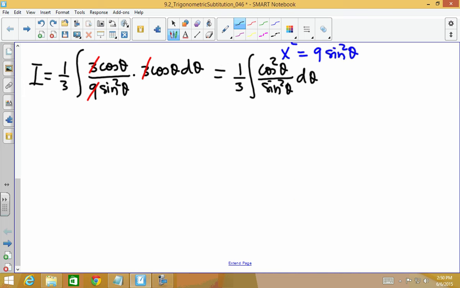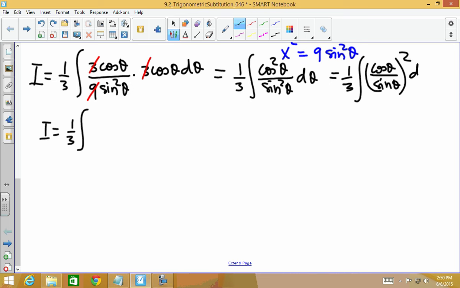Now it turns out that we are integrating 1 over 3 integral of cosine theta divided by sine theta, all that squared, d theta, because cosine squared over sine squared means cosine over sine, all that squared.